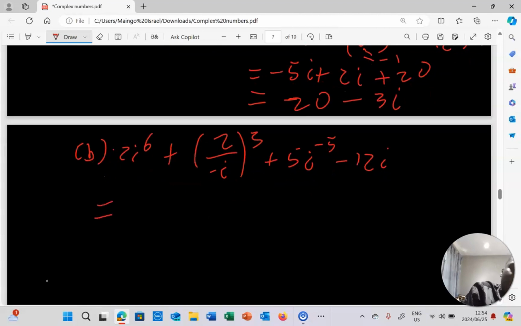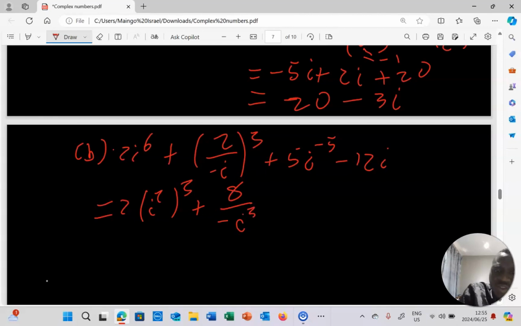So this is 2i to the power 6, because the factors of 6 are 2 and 3, so this will be I to the power 2 all to the power 3. Then plus 2 over negative I to the power 3. Negative 1 to the power 3 is negative 1, so we get minus I to the power 3.